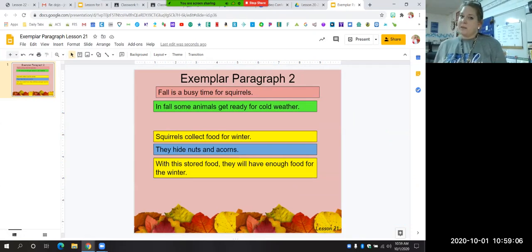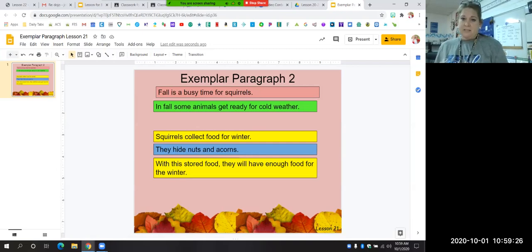Which one? Well, they both kind of sound like they could be the topic statement, but remember the conclusion sums up what we have all talked about. What is all of our evidence talking about? It's talking about what squirrels do in the fall to get ready for winter.